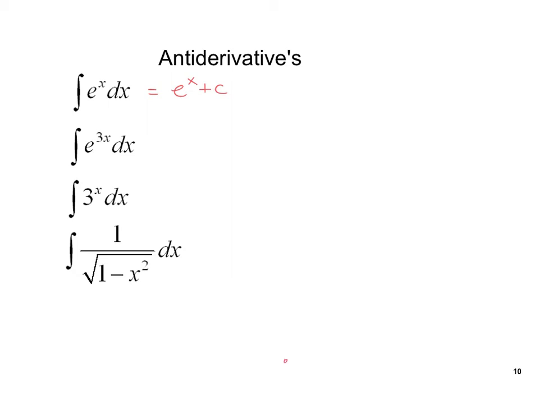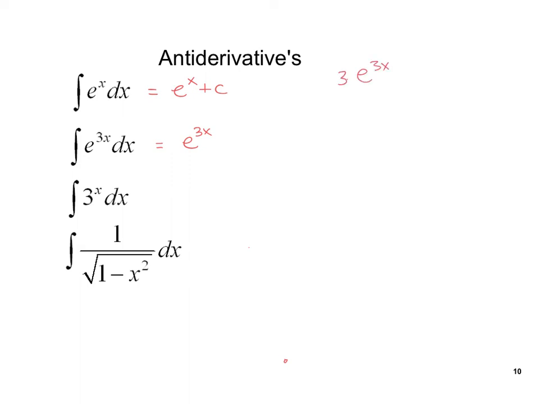So again, I get to sometimes using the u substitution, which we really don't learn until chapter 6. So you could just look at this and say, okay, I know the derivative of e to the x is e to the x, so the derivative of e to the 3x is going to be e to the 3x. But if you took the derivative of e to the 3x, it would be e to the 3x times 3.